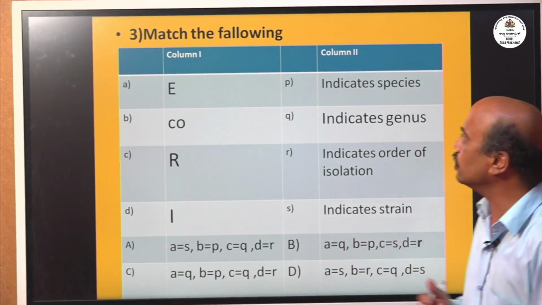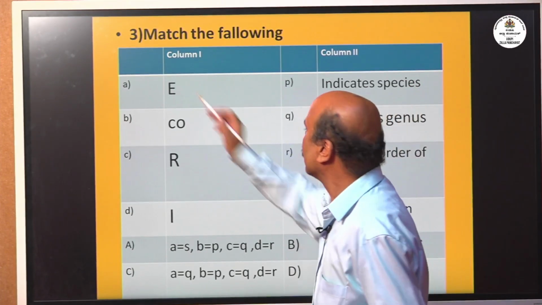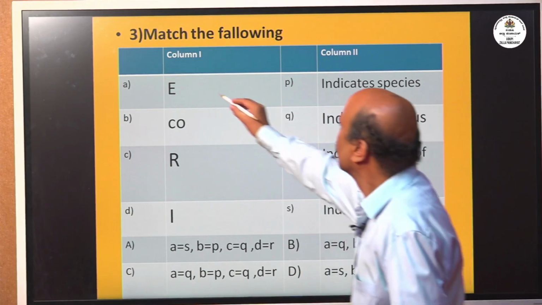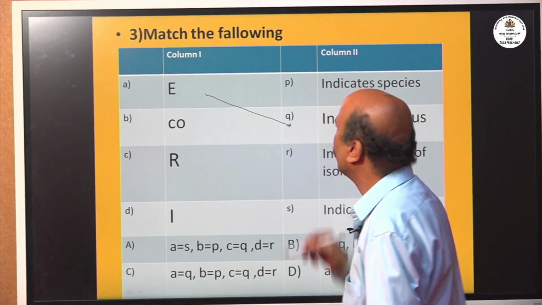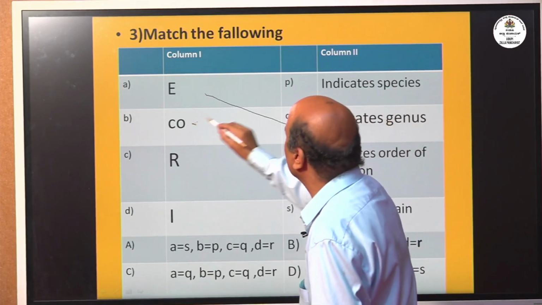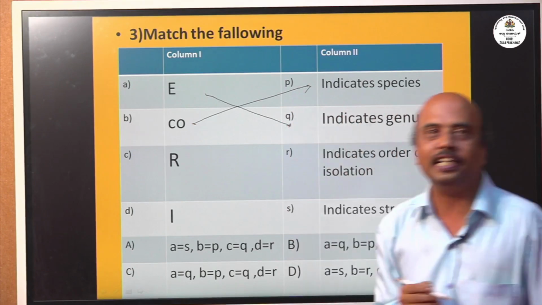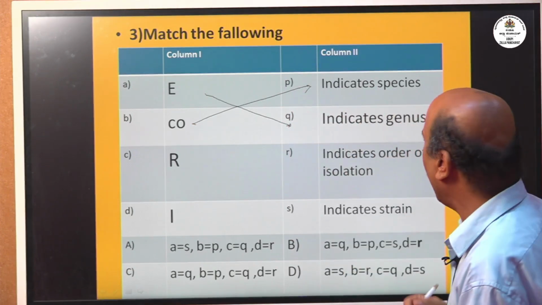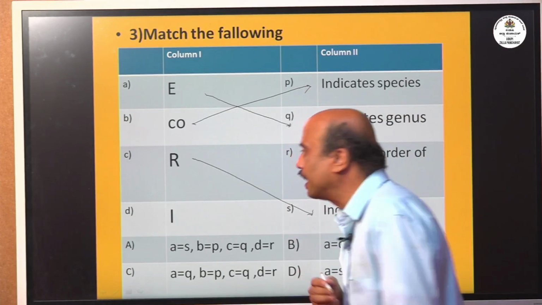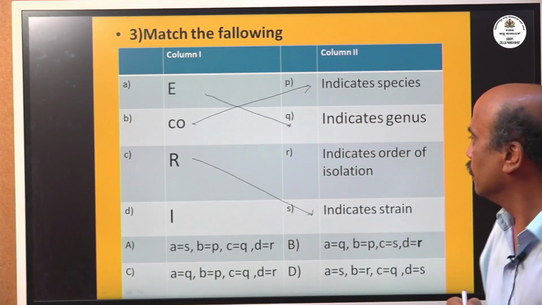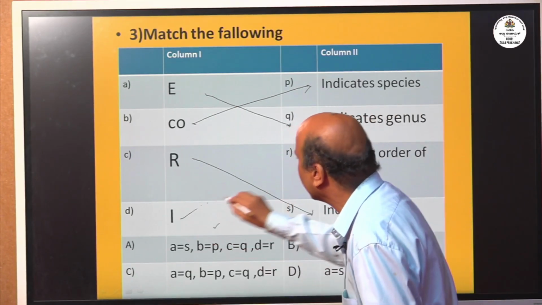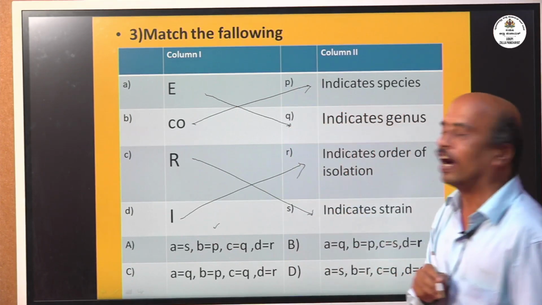On that basis, E indicates genus, so A-Q. Co, the next two letters, indicate species. Then R indicates the strain. The Roman numeral I indicates the order of isolation.